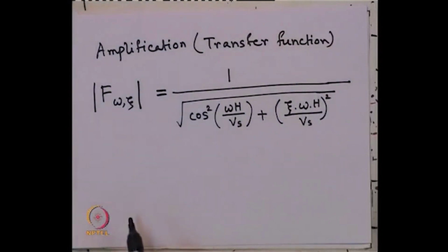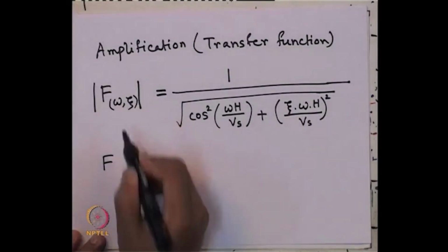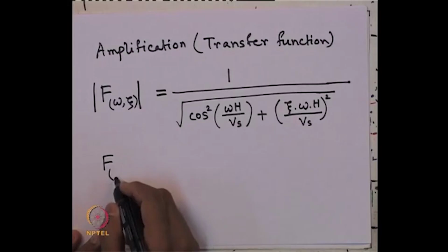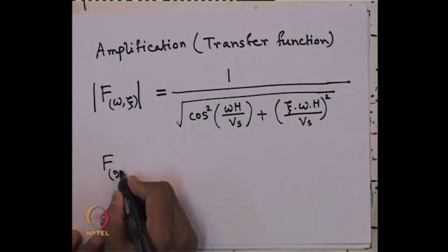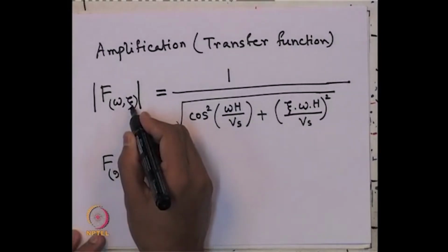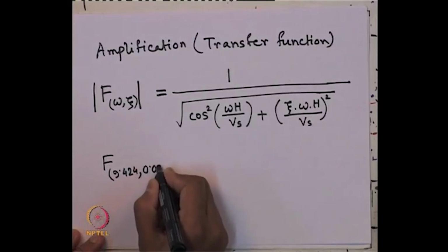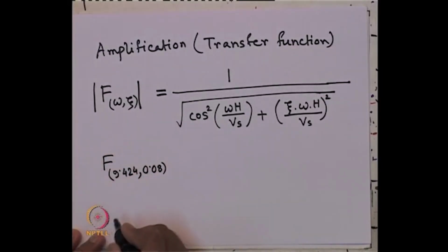So, knowing this, what we can find out in our case, F of omega is, in our case, 9.424, and this value of damping ratio is 8%, means 0.08, right, 8%.